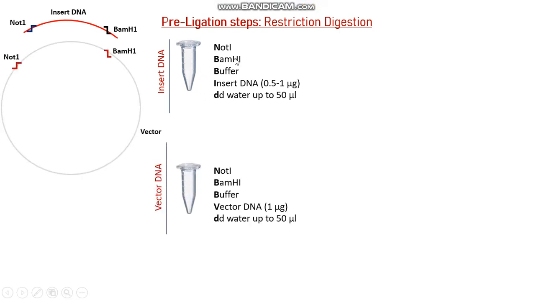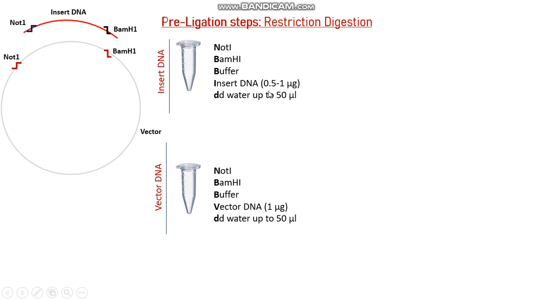What you need to prepare here: the two restriction enzymes that you selected, buffer, and the insert DNA, and in the other tube the vector DNA, and additionally DD water up to 50 microliter.